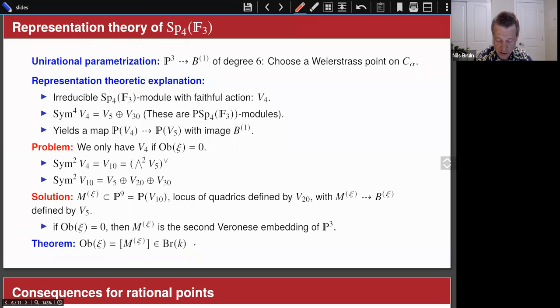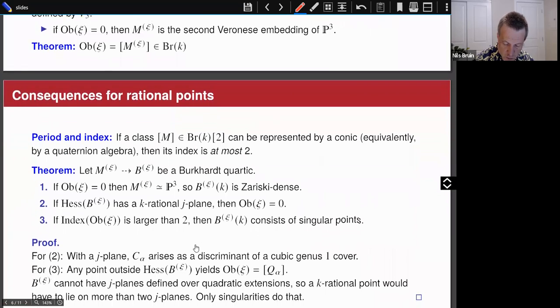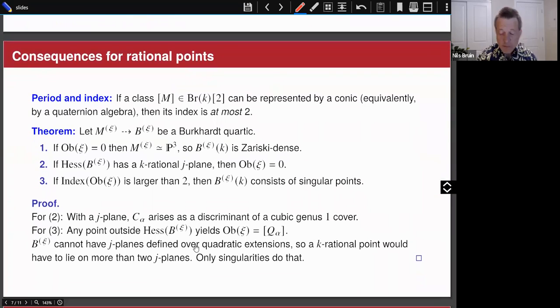It leads to Galois homology, but you get geometric objects catching everything that you would like. But this has some consequences for rational points, and this has to do with the period and index of elements in the Brauer group. So if you're looking at two-torsion in the Brauer group, then a class there can be represented by a conic exactly when its index is at most 2.